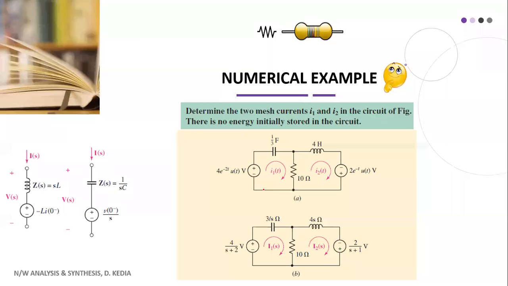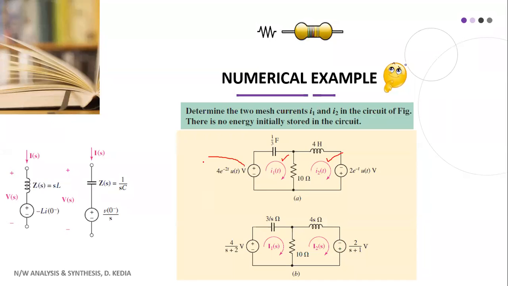This is one example which explains the application of Laplace transform in the case of your capacitor, and an inductor is also there. So here what we have to do, we have to find out the value of mesh currents, that is I1t and I2t. So let us see how we progress.